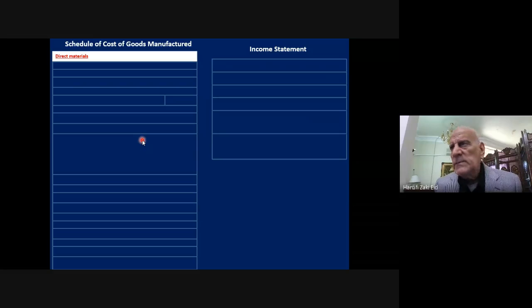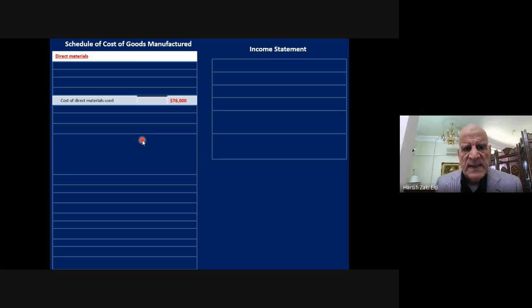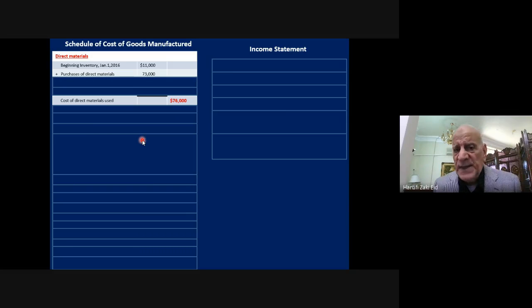First, we calculate direct materials. Notice that we will calculate direct materials used in production, not purchased. This will be computed as follows. Begin with the beginning inventory, which was assumed $11,000. In addition to purchases of direct materials during the period, $73,000.